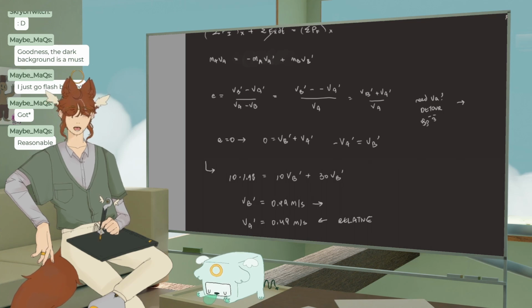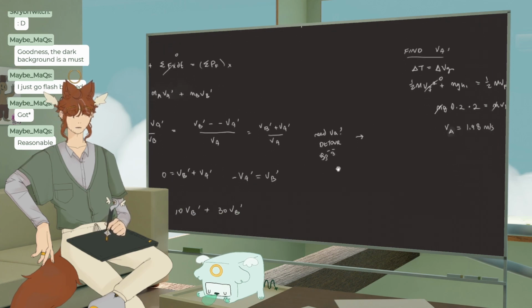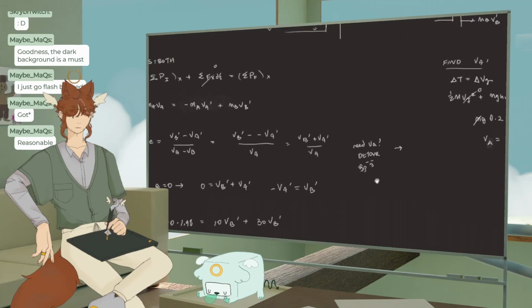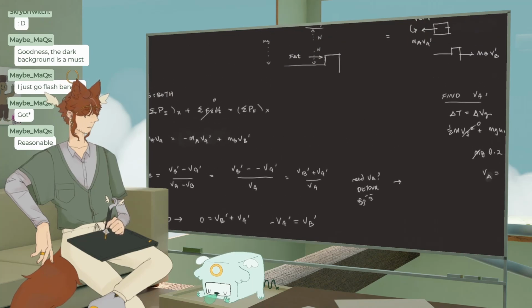Wait, why is VA and VB 0 if E is 0? That doesn't make any sense. Is it because of my signs? Might be because of my signs. If I said one went the other way... But that shouldn't mess me up, is the thing.